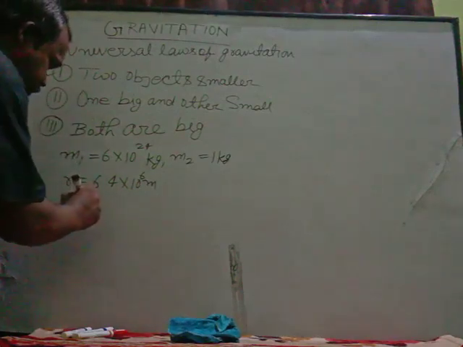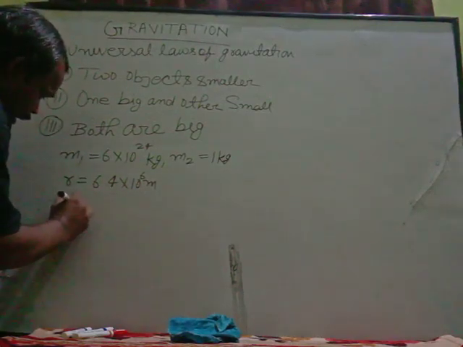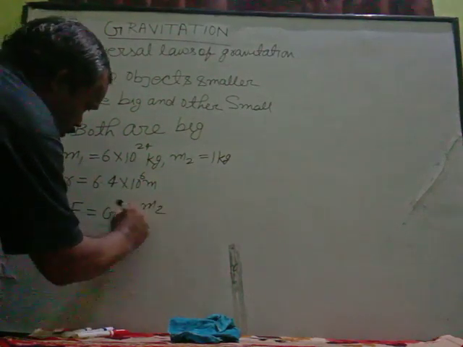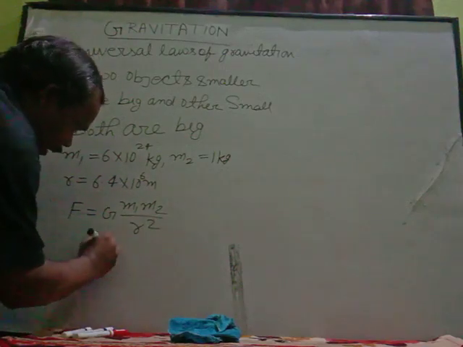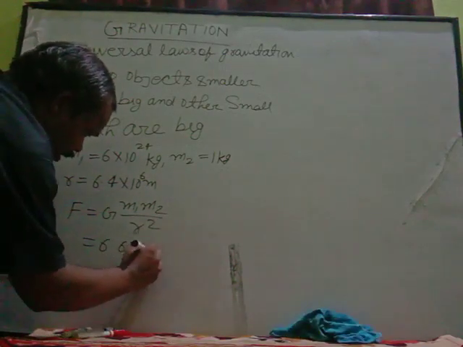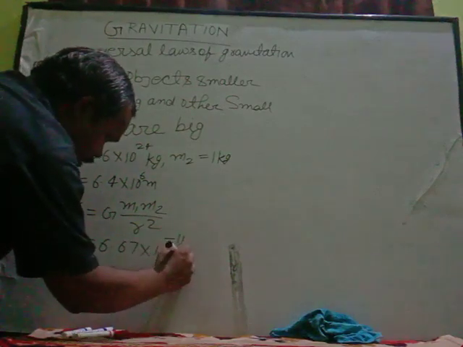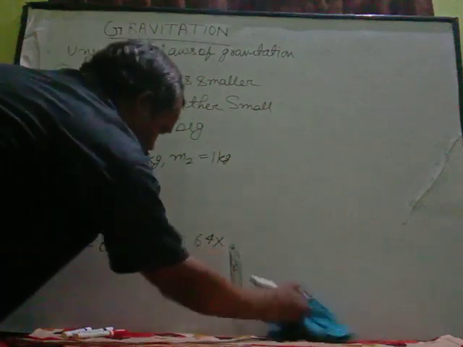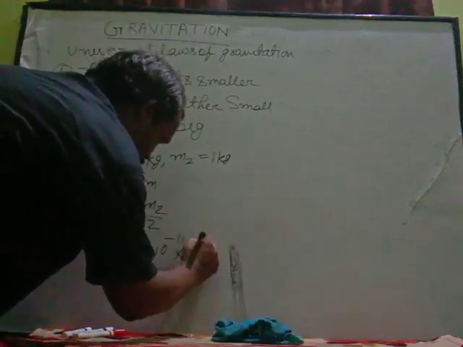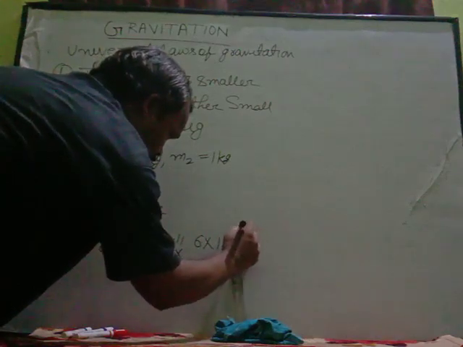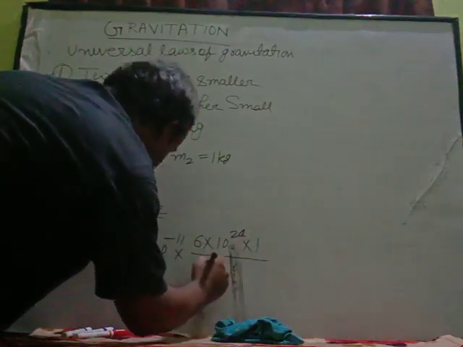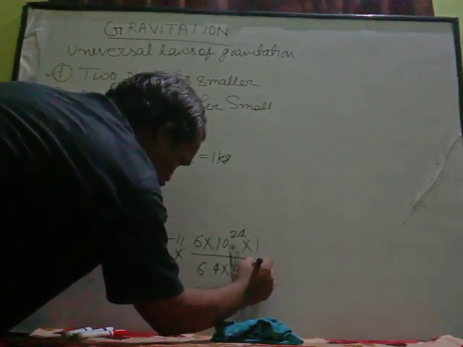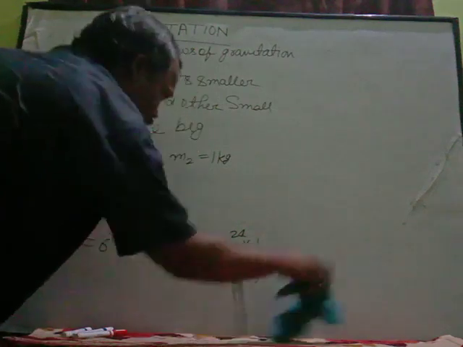So after knowing it, put the value. F is equal to G m1 m2 by r square, 6.67 into 10 to the power minus 11 into 6 into 10 to the power 24 into 1 divided by 6.4 into 10 to the power 6 meter square.